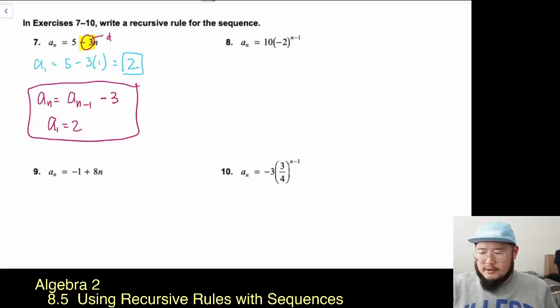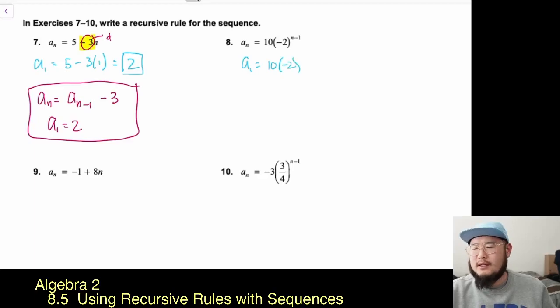All right, so remember, for our rule we've got to figure out what's the common ratio and what is the first term. So let's determine a sub 1 first. We got 1 minus 1, that's 0, so -2 to the 0 power ends up becoming 1. And then we're going to multiply that by 10, and so a sub 1 is equal to 10.